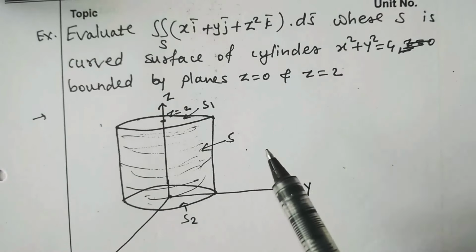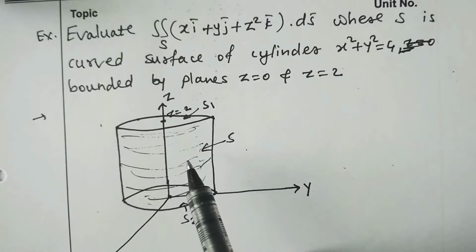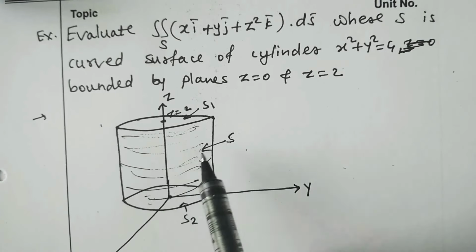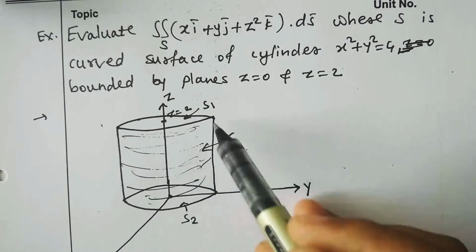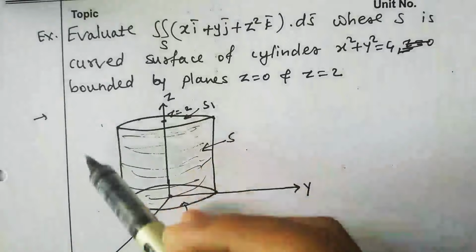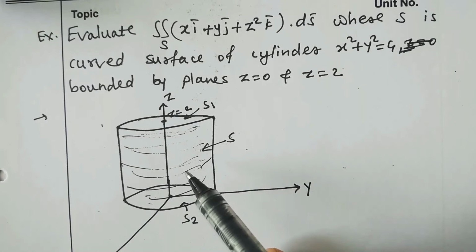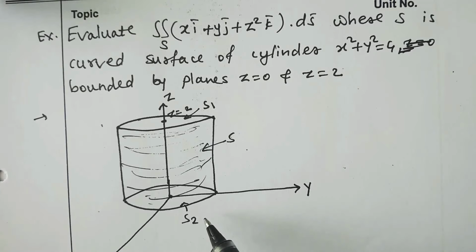According to Gauss divergence theorem, it applies to a closed surface S, but here surface S is not closed because it is given as only the curved surface of the cylinder. So to make this shape closed, we need to add surface S1 and surface S2.